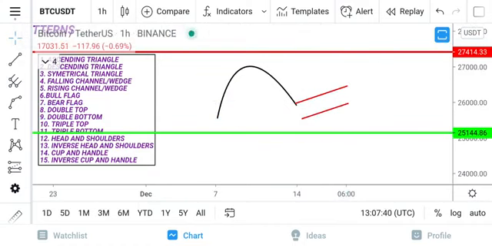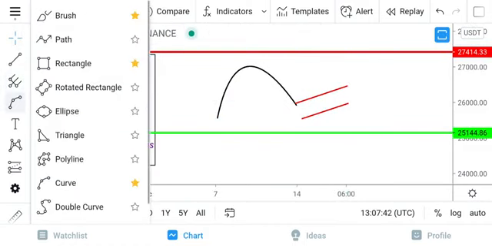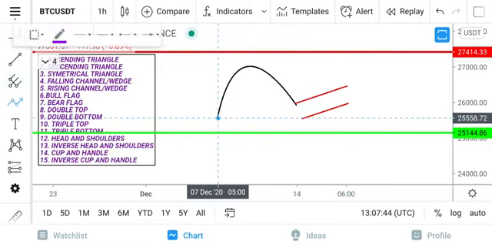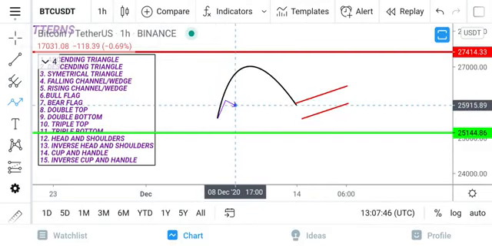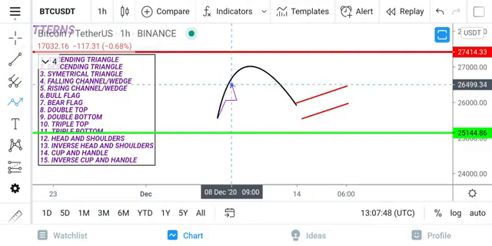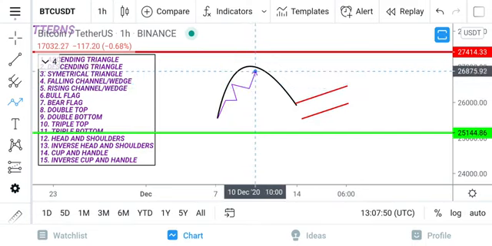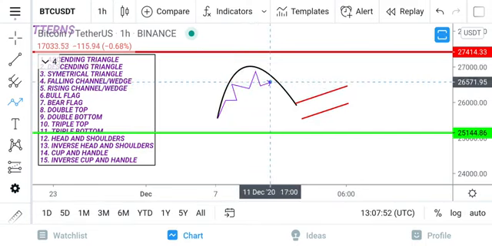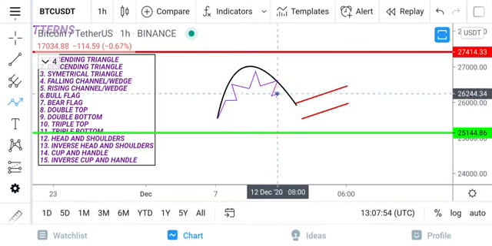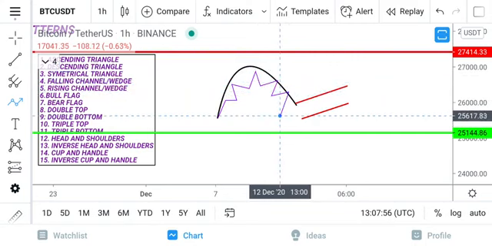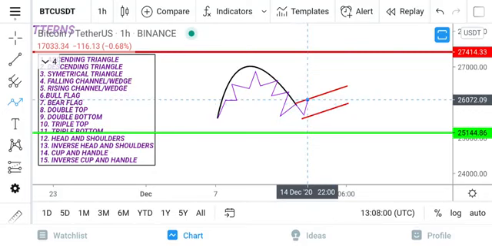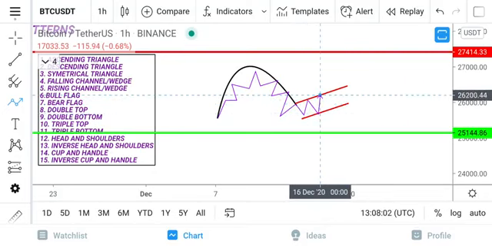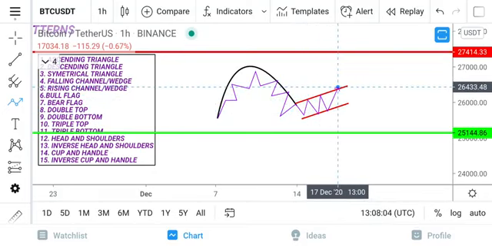For inverse cup and handle, the price is going to be moving within this cup. Then it consolidates and enters the handle. So at this point is where you expect it to break to the downside.